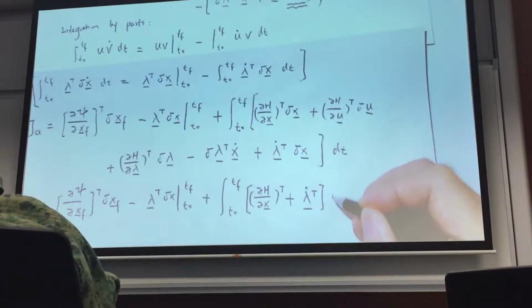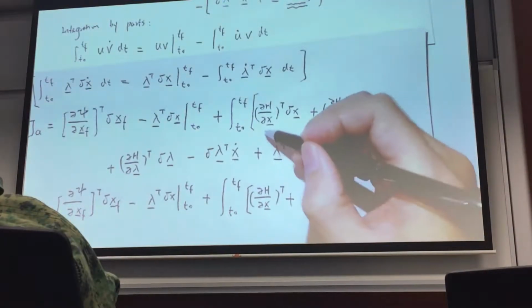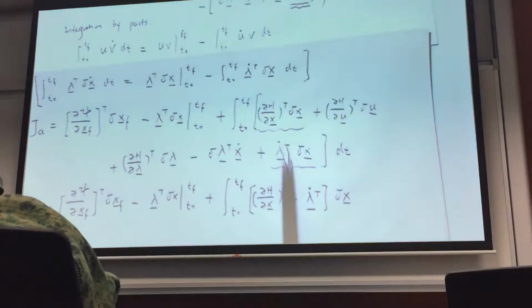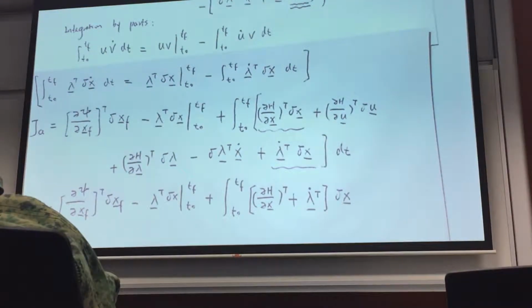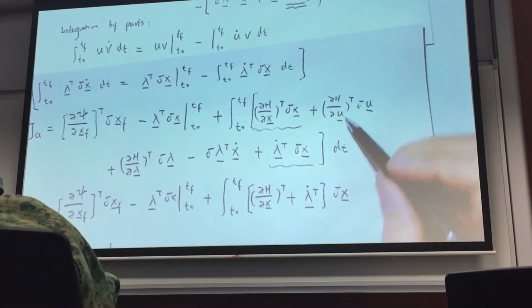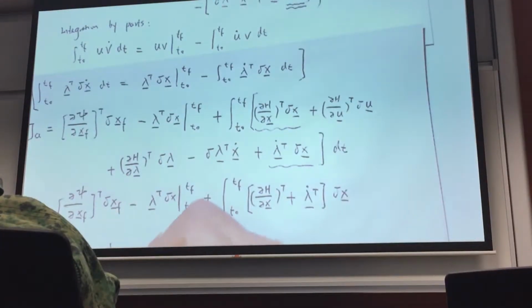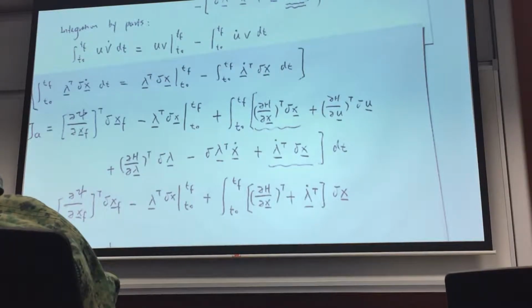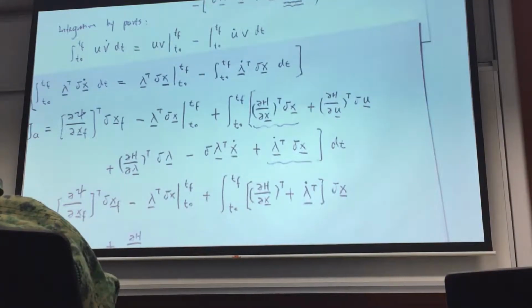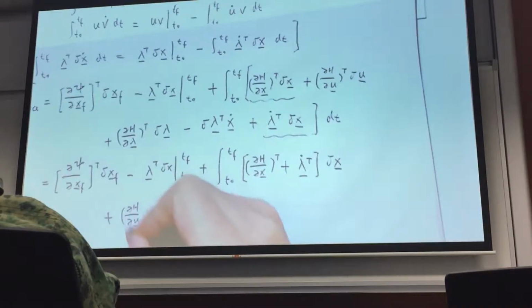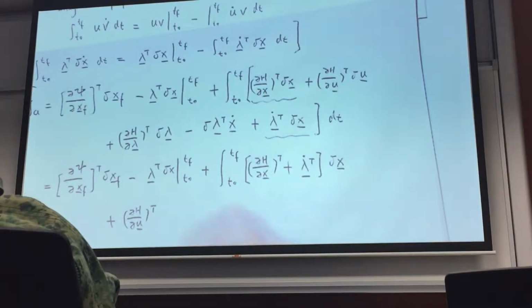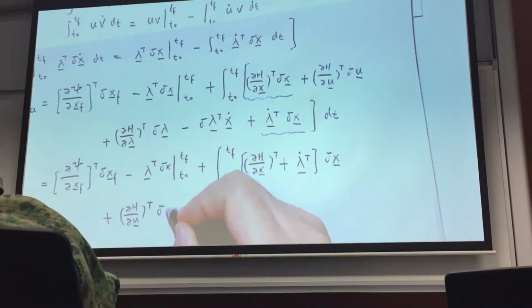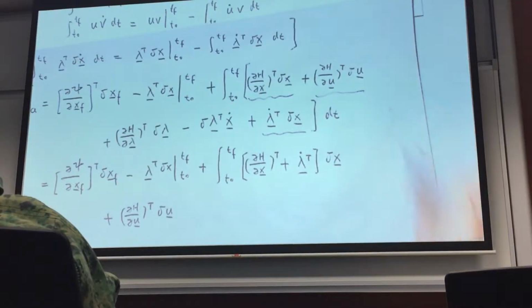So this is multiplied by delta x. Plus for delta u we only have this one, multiplied by delta u.